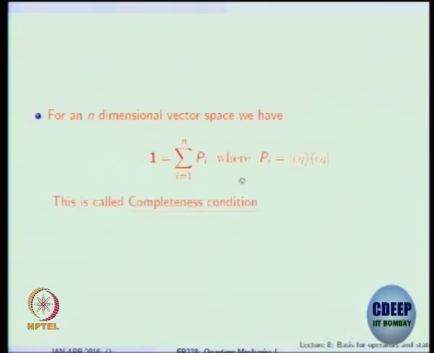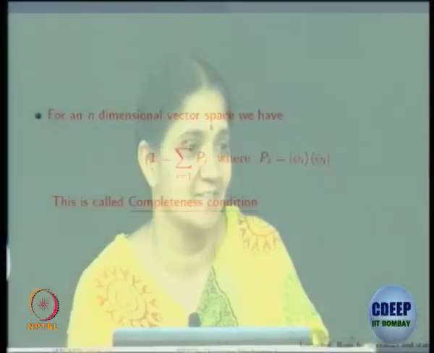If it is not 1, what does it mean? Suppose it is not 1. Excellent. So, you have not spanned the whole space, and you have not found the complete set of basis states, right? Suppose you are in XYZ and I give you only P1 and P2, and I say that there is only phi 1 and phi 2. If the sum is not equal to 1, you know that it is not spanning the whole space. You have to have one more, then this is not a complete basis set.